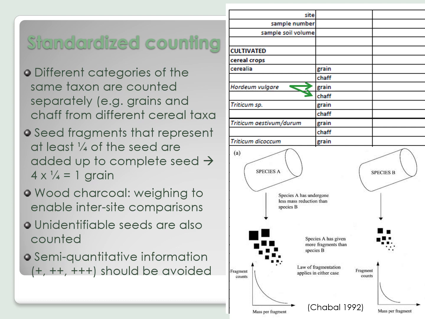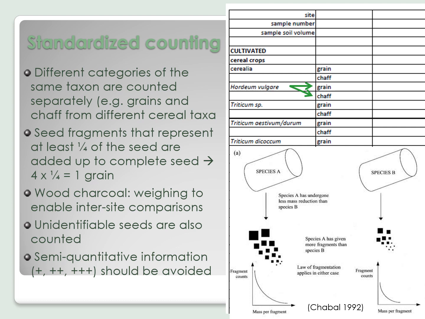Seed fragments that represent at least 1/4 of the seed are added up to complete seeds. That is, 4 fragments of a grain that represent 1/4 each are counted as 1 grain. Another way to count fragmented material is weighing, which is particularly practiced with wood charcoal, which is generally sensitive to post-depositional fragmentation.